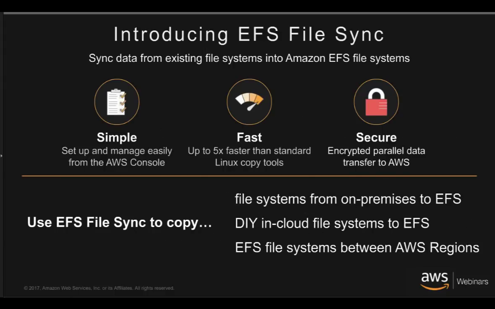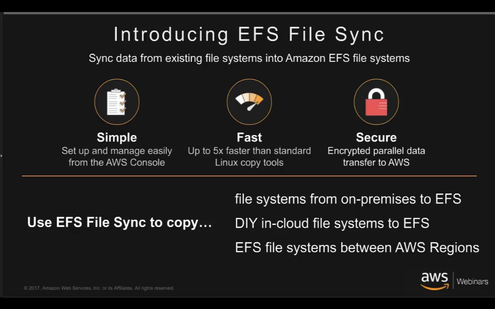So a few weeks ago, we released EFS File Sync. EFS File Sync provides a simple, fully managed solution to transfer files into Amazon EFS using secure, high-performance parallel data transfer.